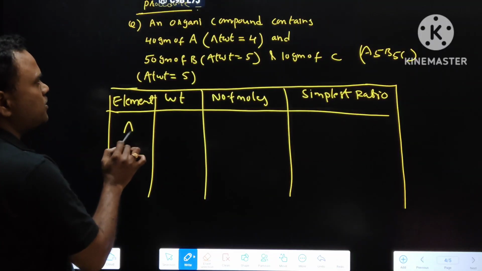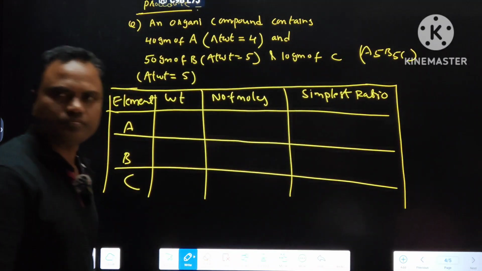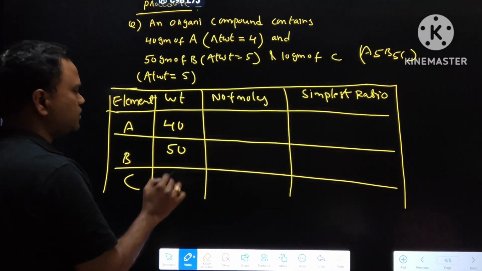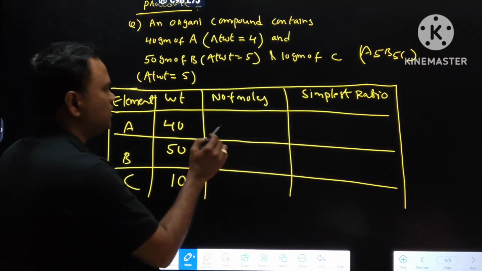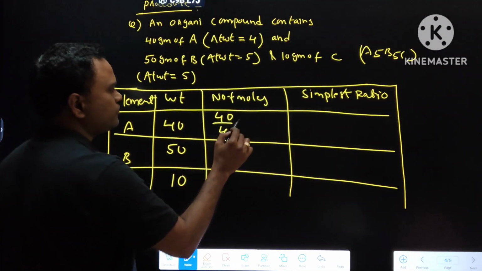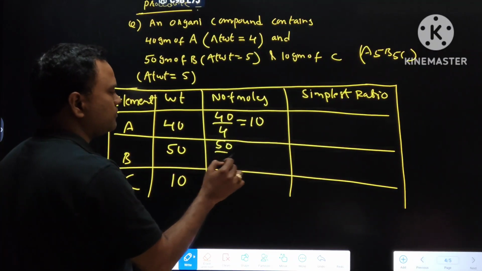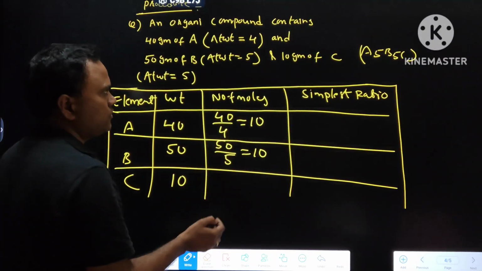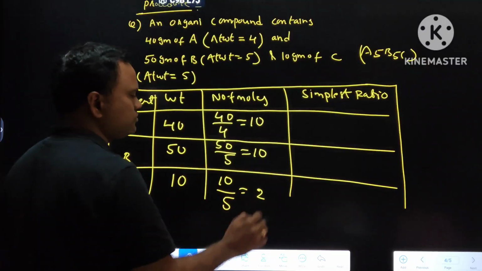How many elements are given? A, B, C. 3 elements are given to us. Weight of A, 40, 50, and this is 10. Okay. Number of moles, weight by atomic weight. Atomic weight is 4, 10. Here 50 by atomic weight 5 is 10. Here weight 10 by atomic weight 5, that is 2.